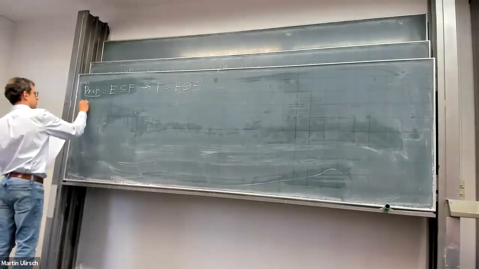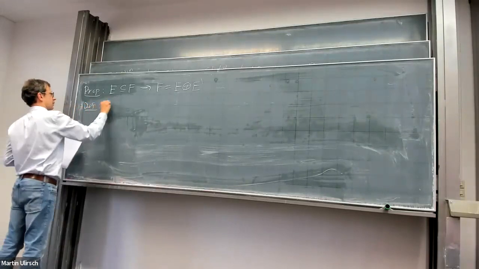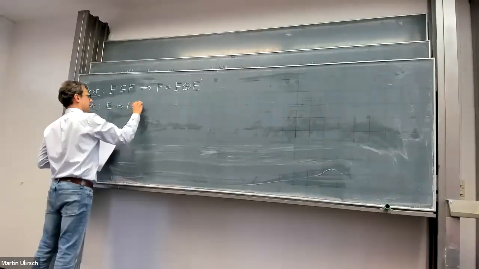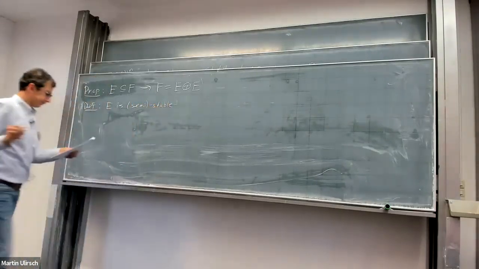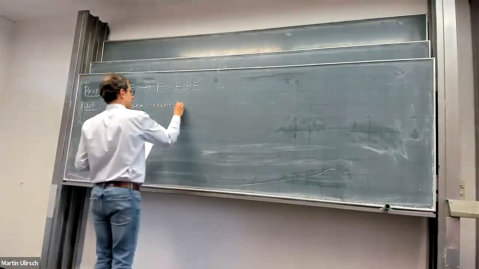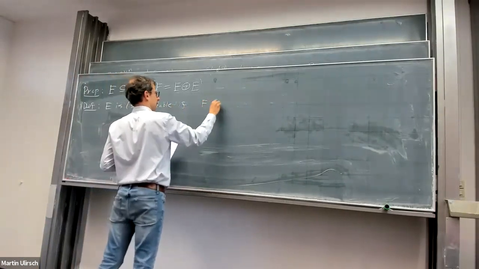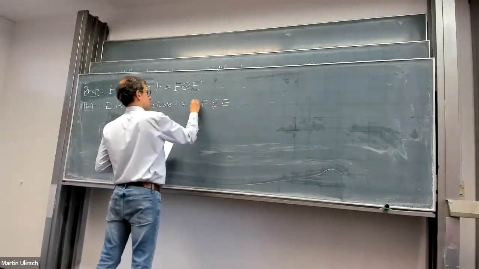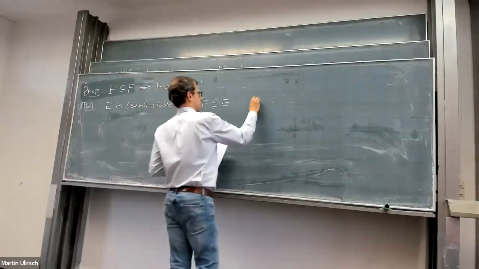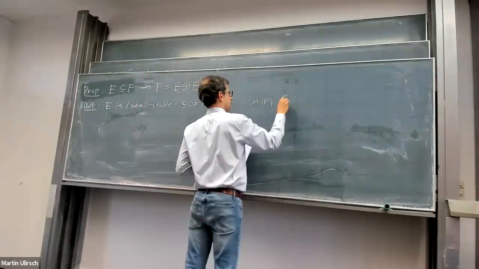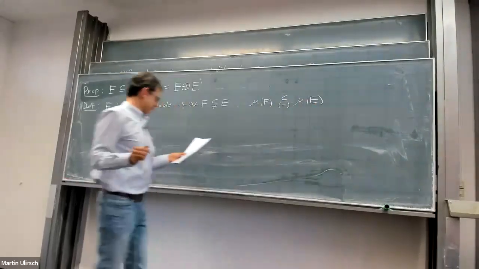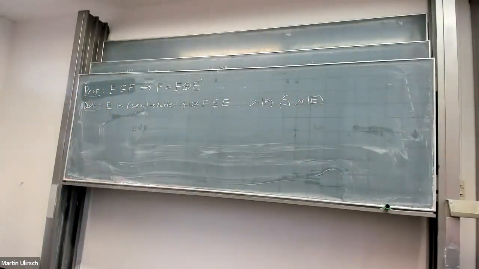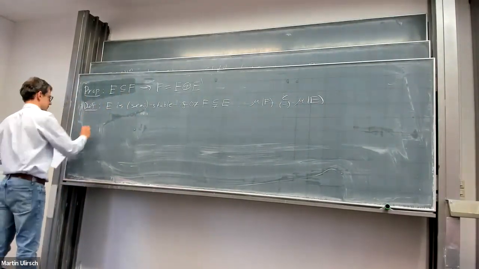Okay, so now I can give a definition. I can say that a vector bundle E is semi-stable if for any non-trivial subbundle F, the slope of F is less than or equal to the slope of E. And so then for tropical vector bundles, due to some simplicity, you have a very simple description.